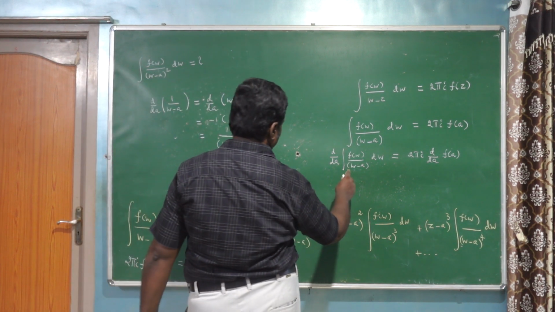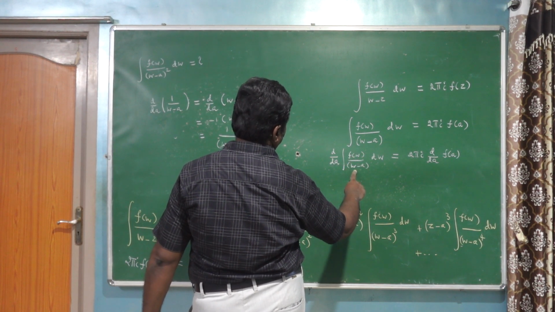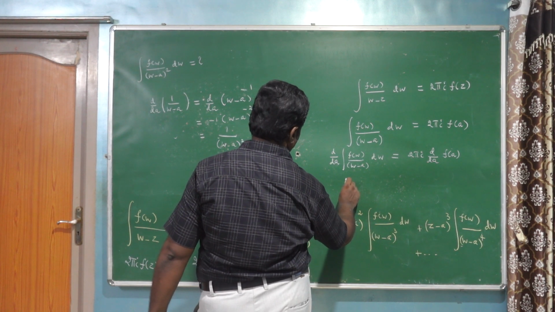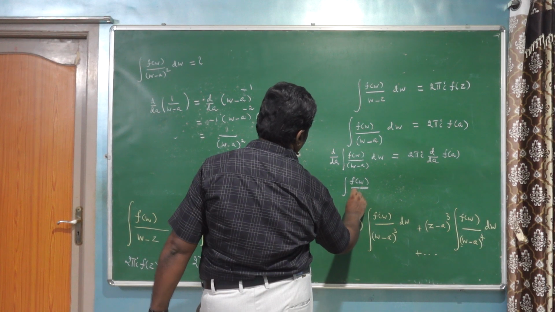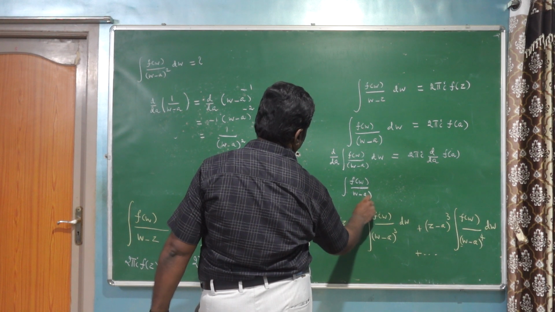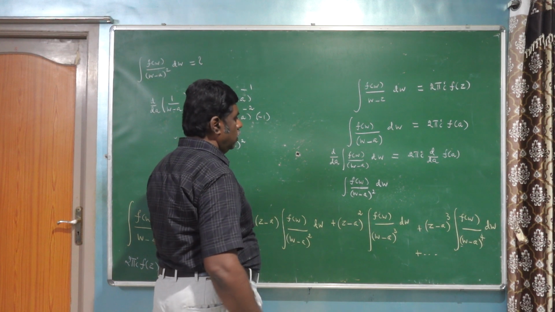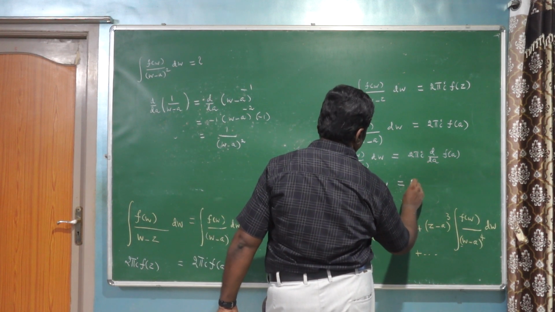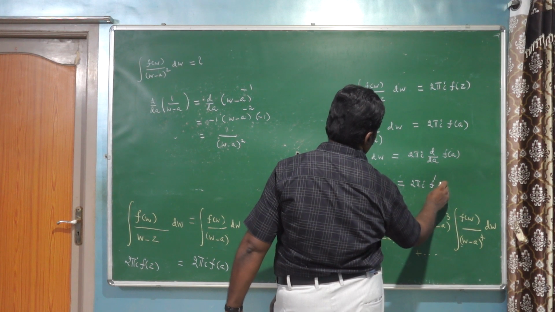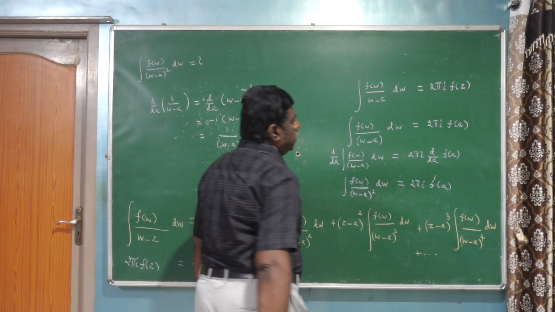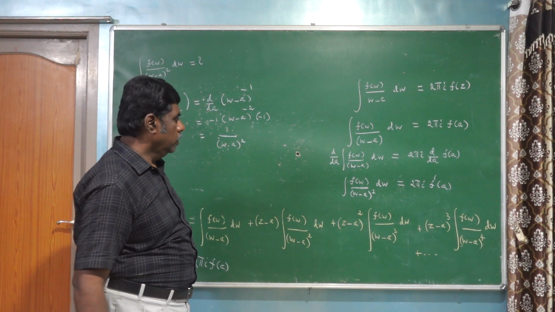Therefore, this integral d by da of f of w divided by (w minus a) into dw is the integral of f of w divided by (w minus a) whole square into dw. On the right hand side, 2 pi i f dash of a, since d by da of f of a is f dash of a.